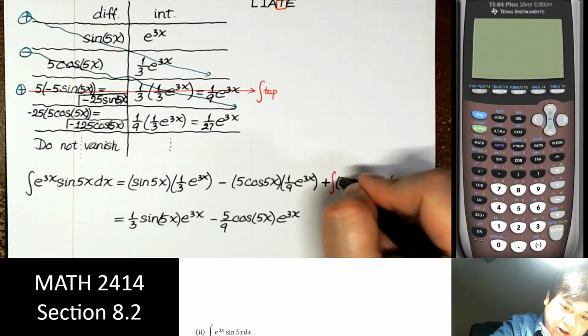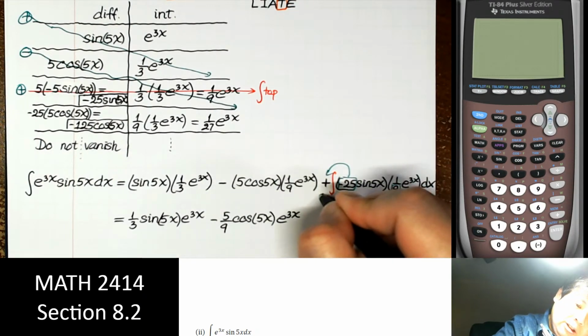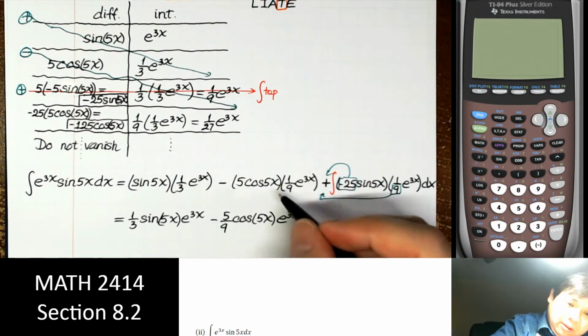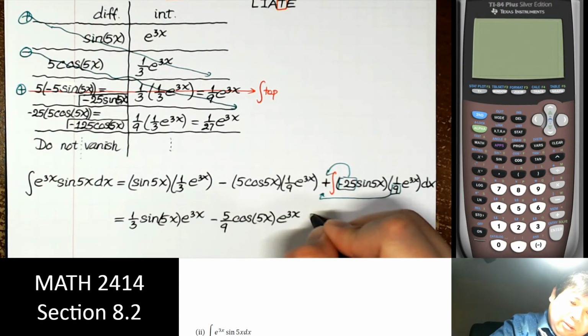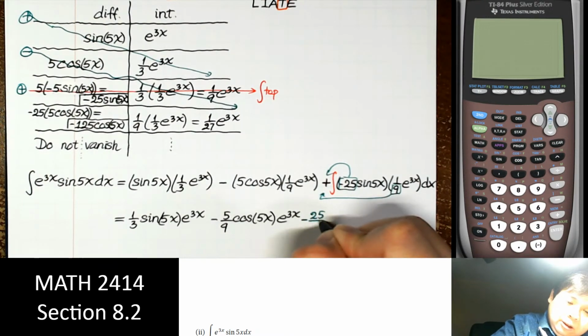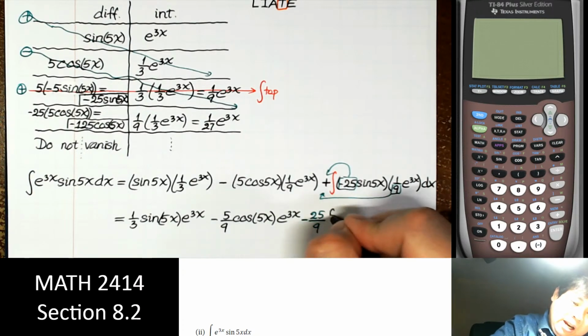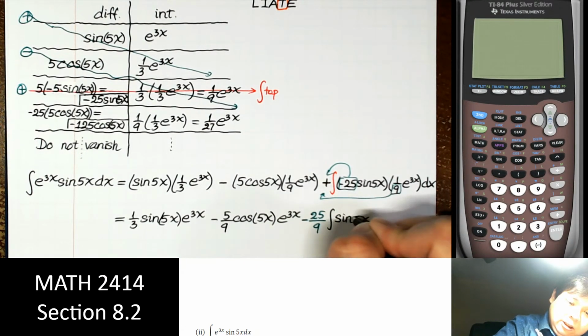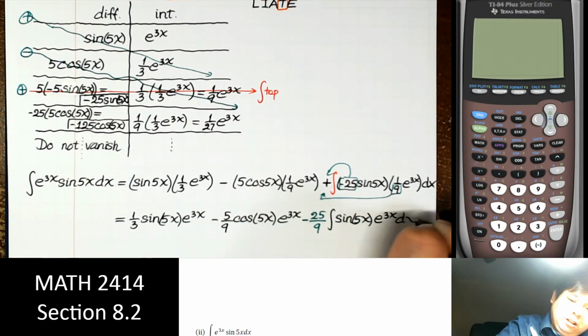Take the constant outside. Be negative 25 over 9, and then the integral sine of 5x e to the 3x dx.